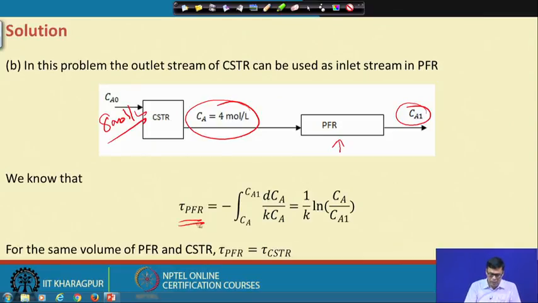Tau plug flow reactor equals integral of minus dCa by K into Ca. We can easily solve that, this is equal to ln Ca by Ca1. As the same volume is used, I can assume tau plug flow reactor equal to tau CSTR.